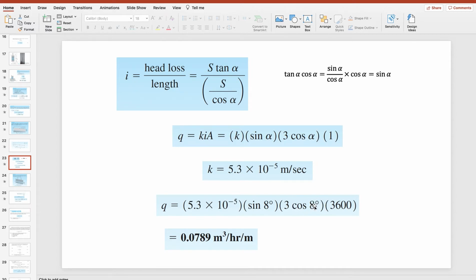This is in seconds. To make it in hours, multiply it by 3,600 seconds. So 1 hour is equivalent to 3,600 seconds. So the Q is equivalent to 0.0789 cubic meter per hour per meter.